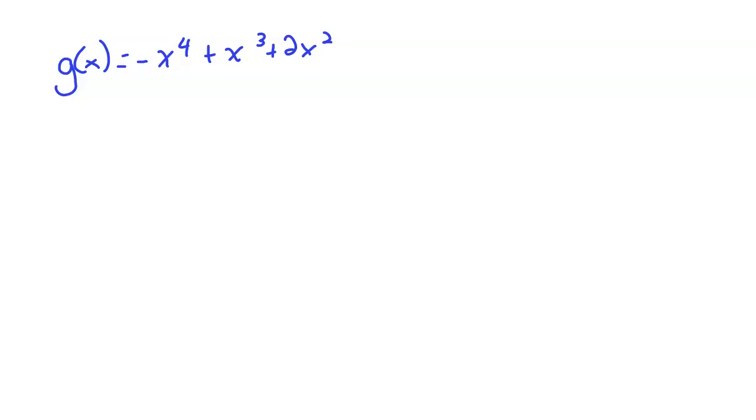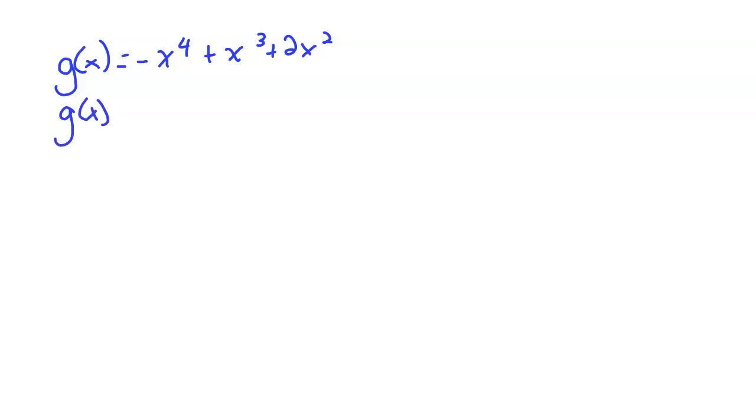Now this one's a little bit more straightforward. Look for your greatest common factor. Notice each one of these has an x squared. And I'm going to go ahead and tell you, take out that negative to make that leading coefficient inside a positive.